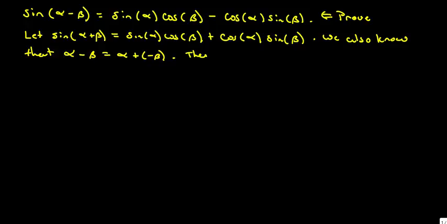So then the sine of alpha plus a negative beta, well, let's write it. I want one more step in there. So then the sine of alpha minus beta is equal to the sine of alpha plus a negative beta.